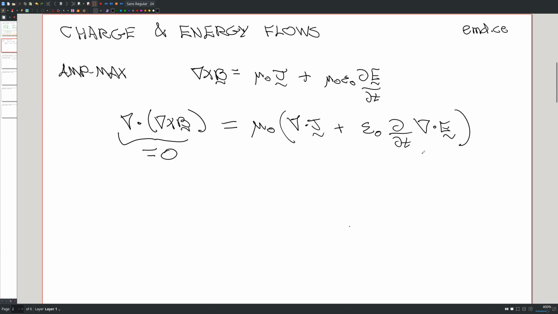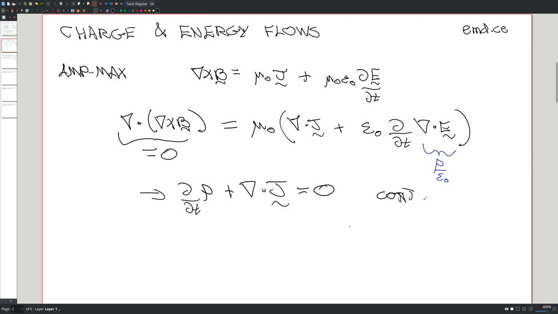On the other hand, Gauss's law tells us that the div of E is equal to the charge density rho over epsilon 0. So what does that tell us? It tells us that d/dt of rho plus div J is equal to 0, which was our continuity equation from before.